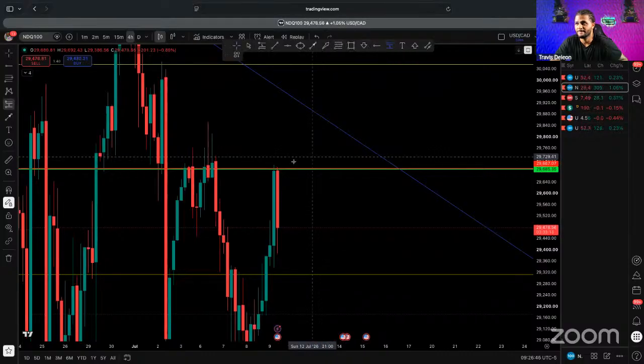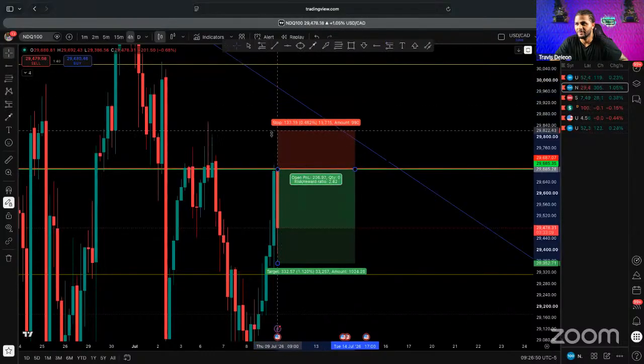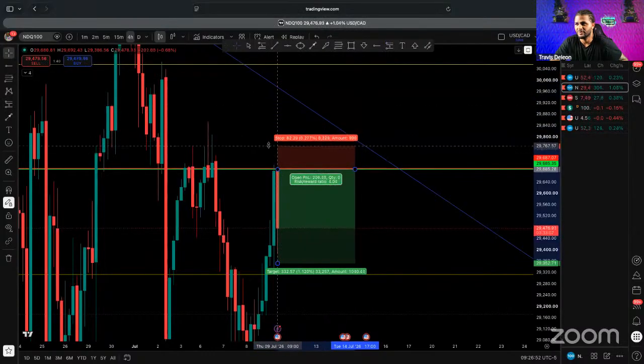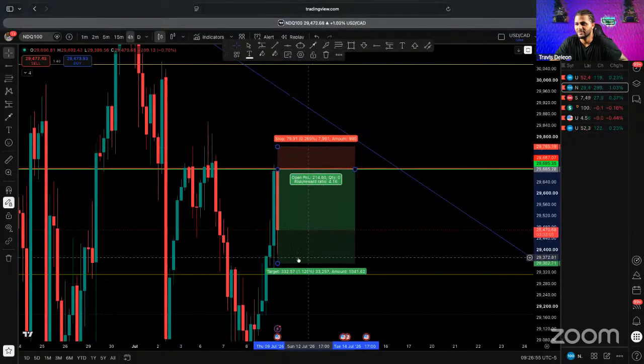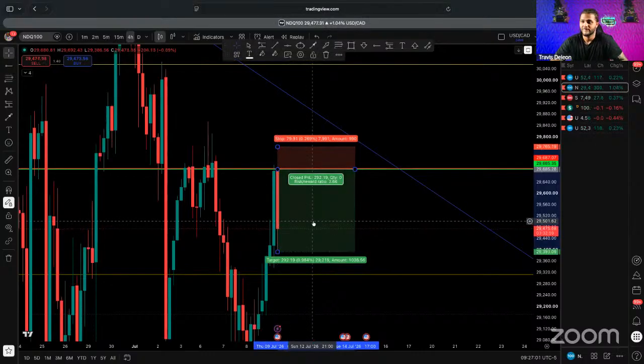If you took the trade right here with a small stop loss, we don't use more than an 80 pip stop loss, you got a 1 to 3.5. So you risk one to get 3.5. That's a good trade.